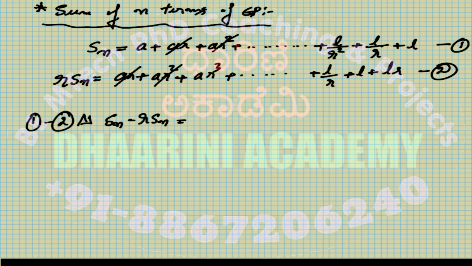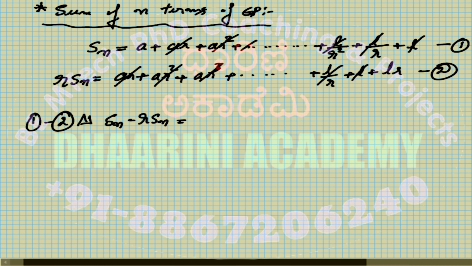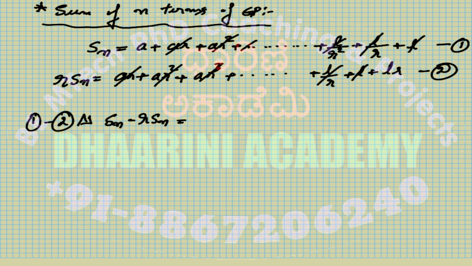The next terms will also cancel. This and this will cancel. L and LR will cancel whenever I do so, right? So what is left out? It is A minus LR, correct?